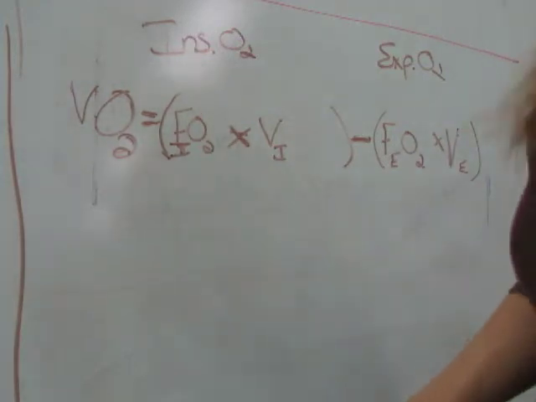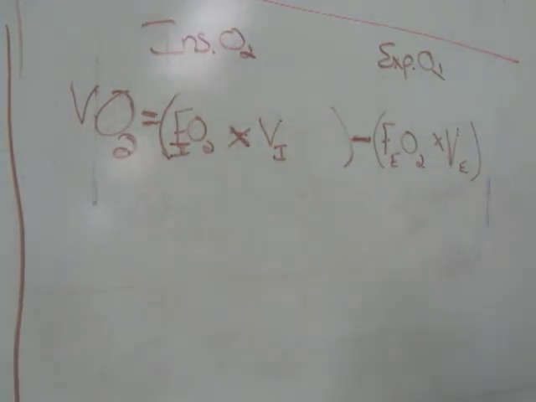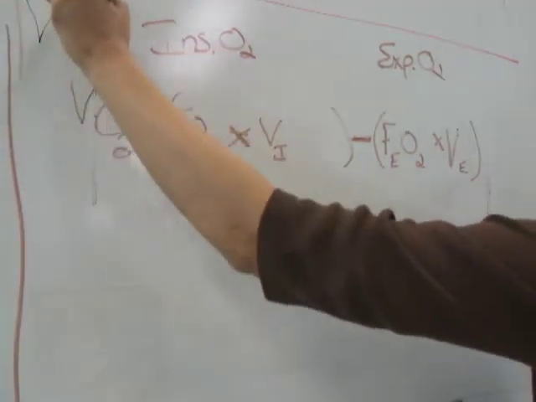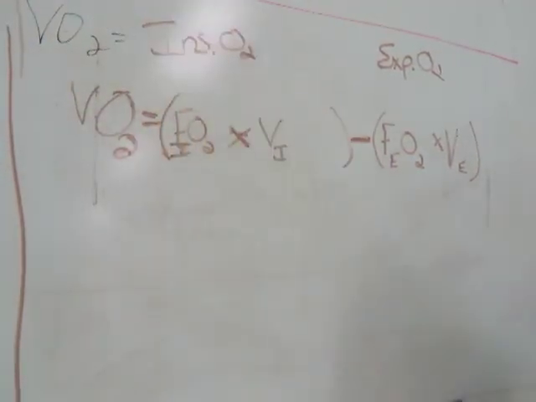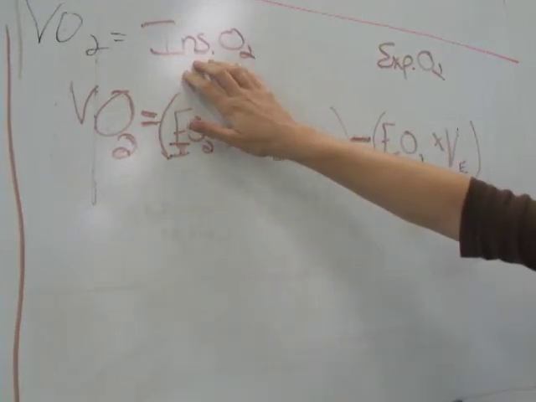Now that we have determined the volume that was inspired, because all the rest of the information was given to us, we can complete our calculation to determine how much oxygen the subject consumed. So overall, what you're trying to figure out is the inspired oxygen.